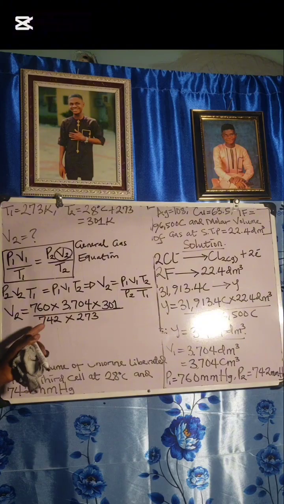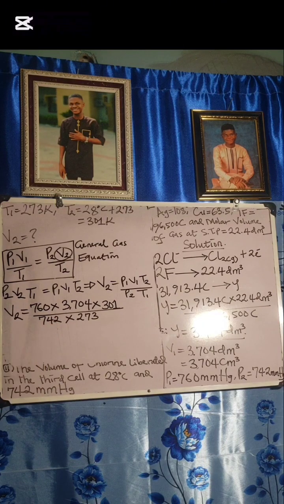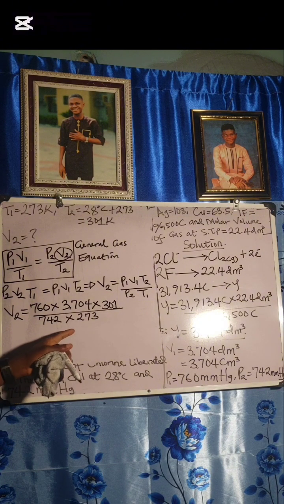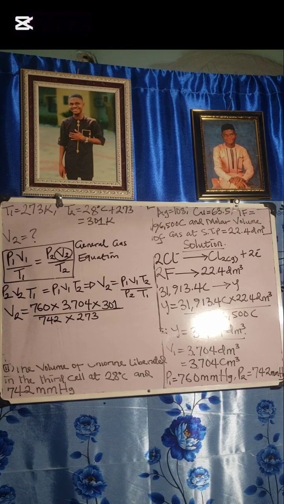So this is what we have. We have succeeded in substituting the values. We have 760 times 3,704 times 301, all divided by 742 times 273. If you check this using our calculator, we're going to have 4,182.96 cubic cm.